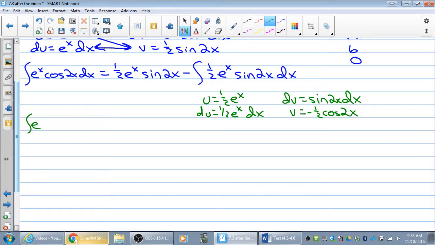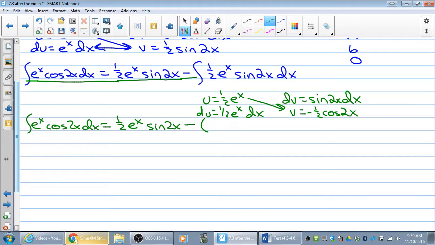We have the integral of e to the x cosine of 2x dx is equal to 1/2 e to the x sine of 2x minus, so all of this comes along, even the minus, and now we're minusing u times v, so that's going to be negative 1/4 e to the x cosine of 2x minus integral of, that's actually going to be plus, right, because it's minus minus 1/4 e to the x cosine of 2x dx.